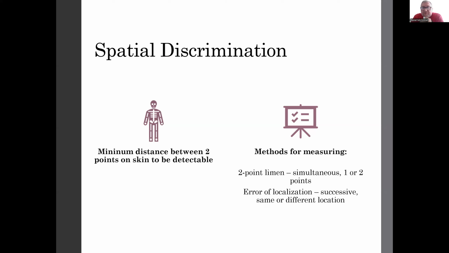And that's what I'm going to ask our subject: is my second poke in the same location as the first, or did it move? And again, just like you would expect to find with the two-point test, when you do this on someone's fingers, they're very good at detecting a small change in the location. If you do it on a shoulder or arm, then you have to move it quite a bit more in order for them to detect the change of location.